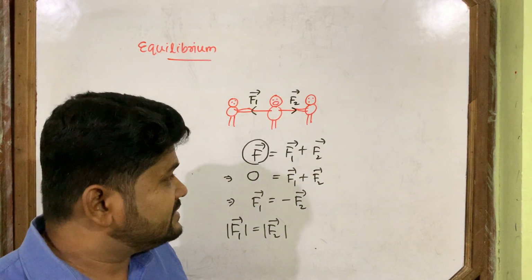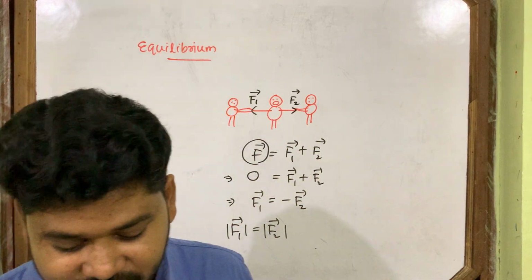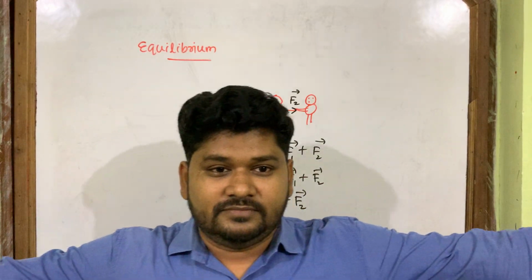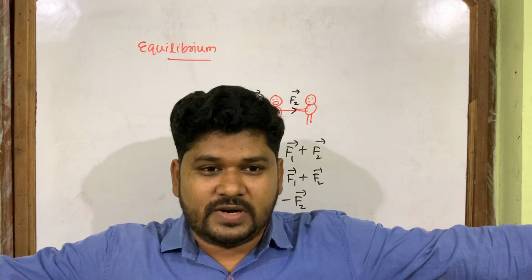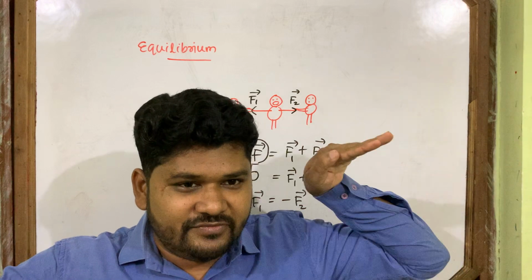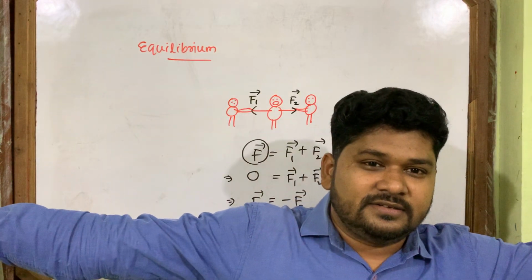Now let's see if these two forces are of unequal magnitude. F1 and F2 are now dragging my hands. Suppose this side is F1, and this side is F2. If F1 is greater, I will go to this side.